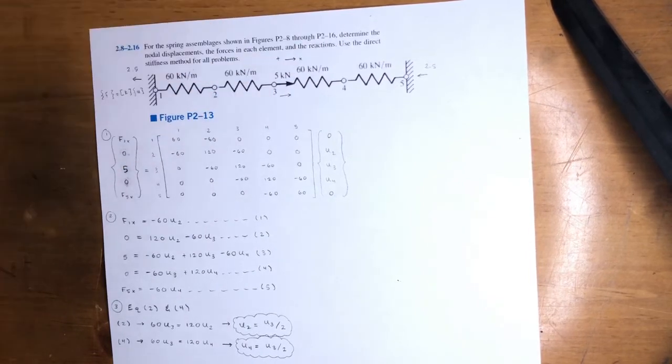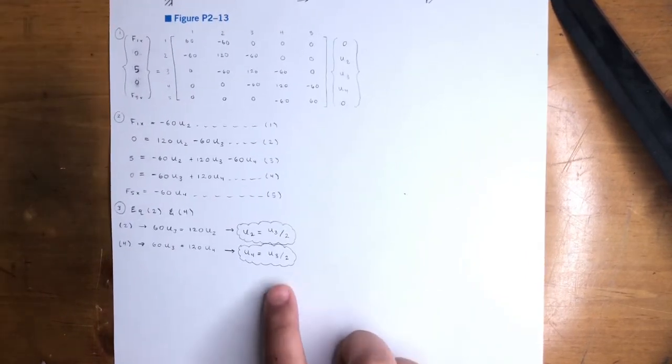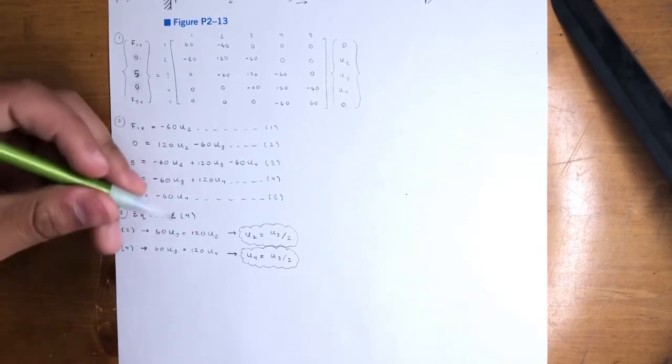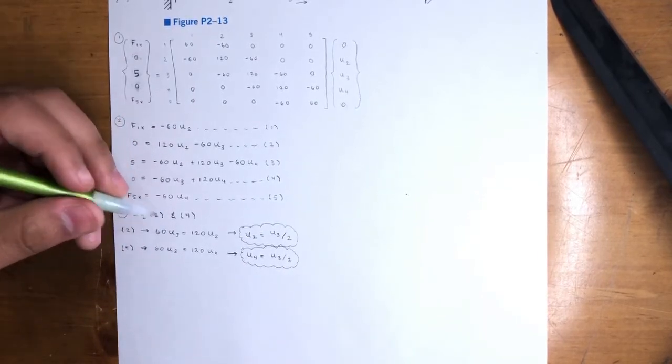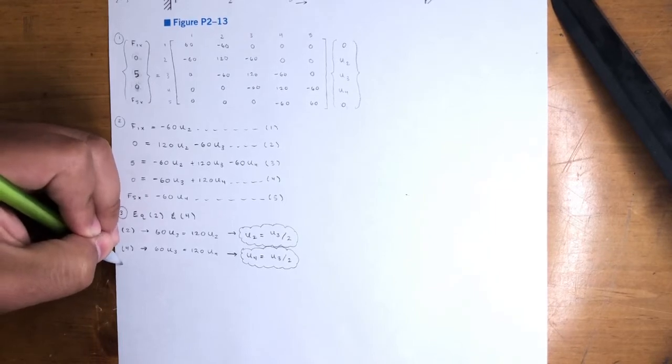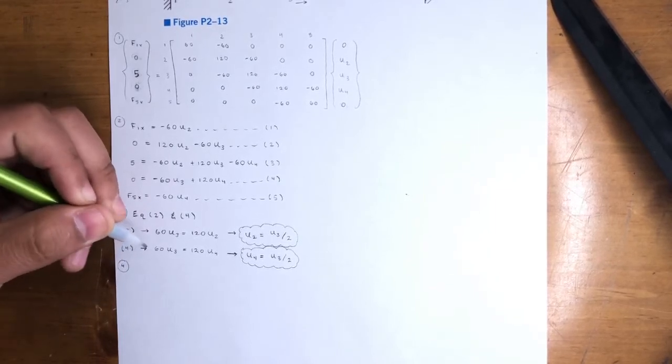So that kind of makes sense that they're equal. That's something you could just catch right off the bat, but that's not really necessary. It just helps you see the problem better.